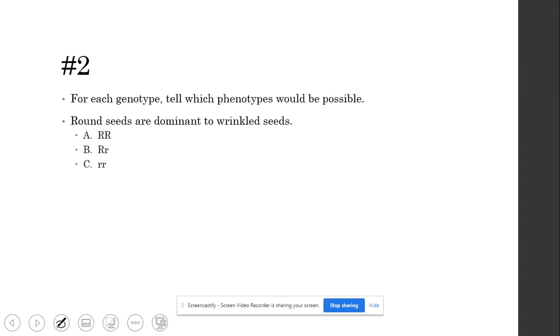For number 2, for each genotype, tell which phenotypes would be possible. Round seeds are dominant to wrinkle seeds. So anytime there is a big R present, that means it is the dominant, which is round. So our very first one will be round.